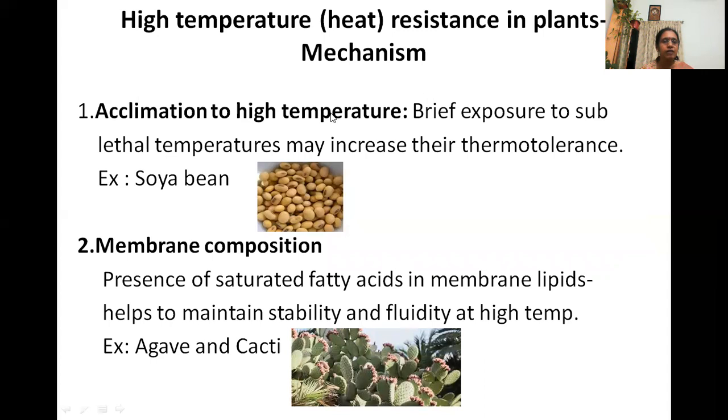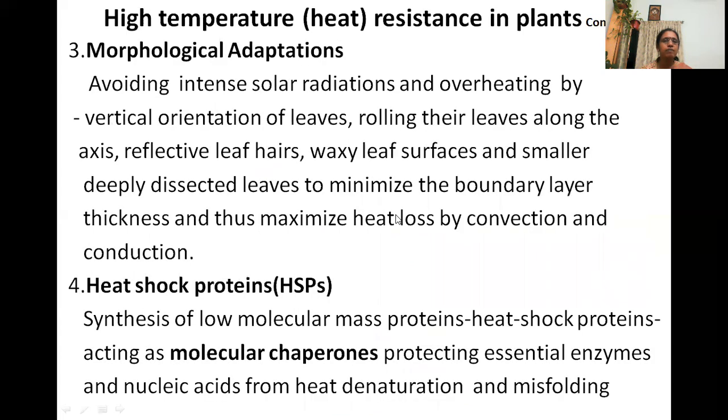That is, first, if the plant seedlings or seeds are exposed to high temperature, they can tolerate higher temperature later on. Then membrane composition: presence of saturated fatty acids in membrane lipids helps to maintain stability and fluidity at high temperature. Examples are agave and cacti. The succulents, you can quote the examples of succulents. Then morphological adaptations.